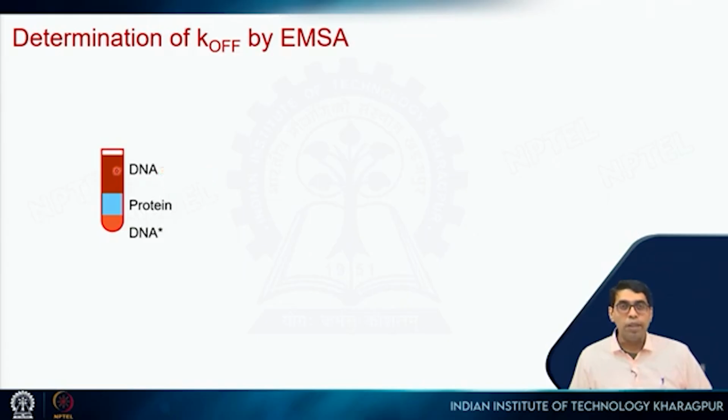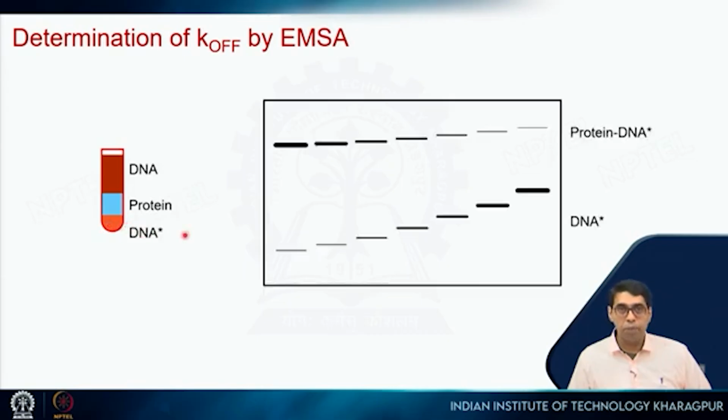Now this DNA will compete with that DNA to bind the protein. Since we have added more of this DNA, it is higher in concentration, so it will outcompete the labeled DNA. As you watch over time, you will see less and less complex because there is dissociation. You have this in one tube.